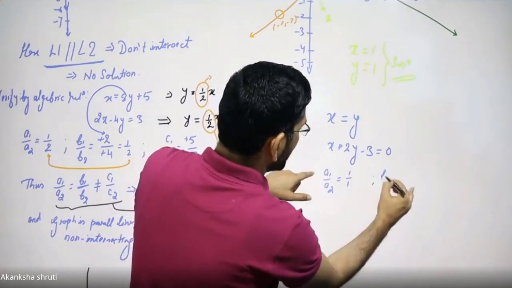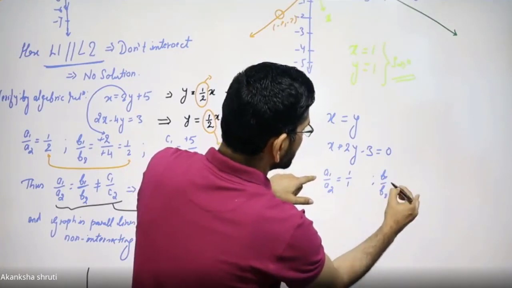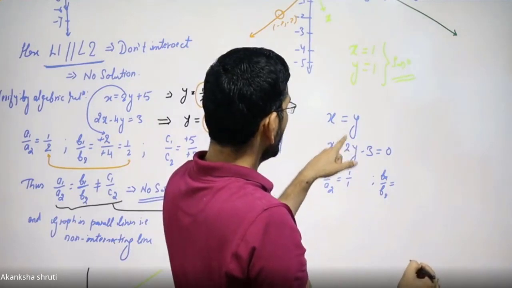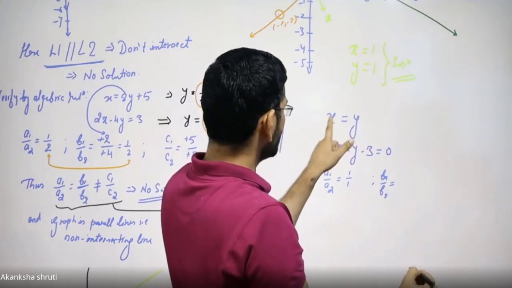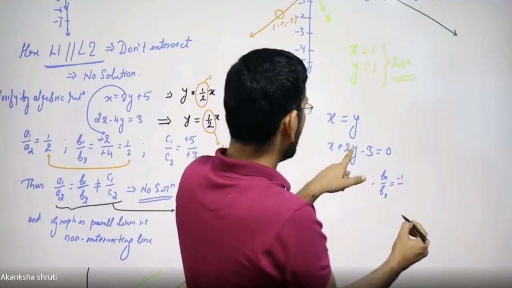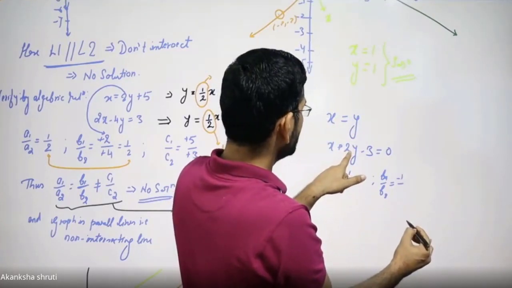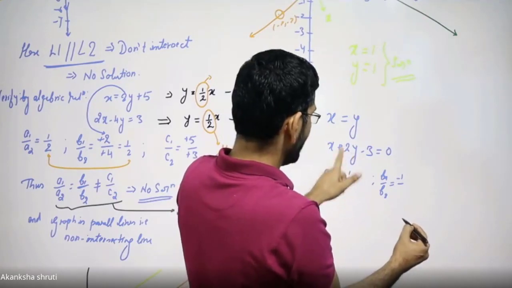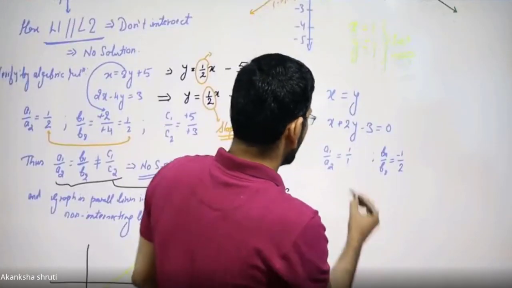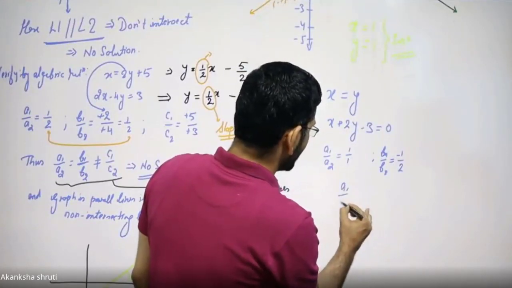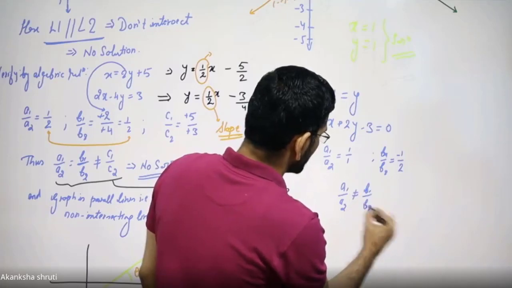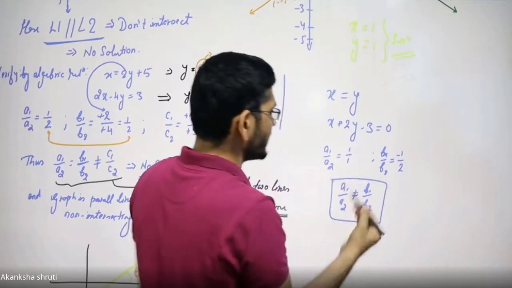But our b1 by b2, bring this y on left hand side, it becomes -1, and this y is already on left hand side in the second equation, and it is 2. What we are observing? We are observing that a1 by a2 is not equals to b1 by b2. This condition is satisfied. It is enough.